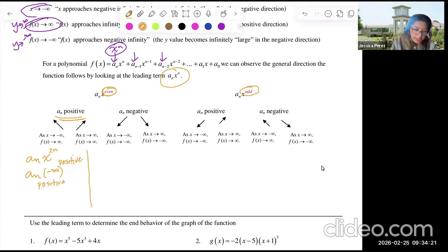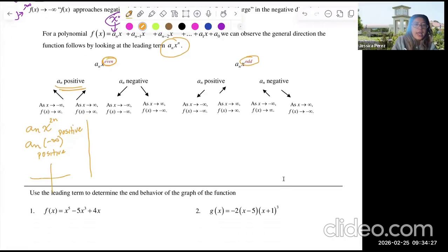Same thing here. So my endpoints of those particular values, what happens as it's approaching negative infinity? See how my x is going to negative infinity, but the y value is still positive. Now what happens as x goes to positive infinity?